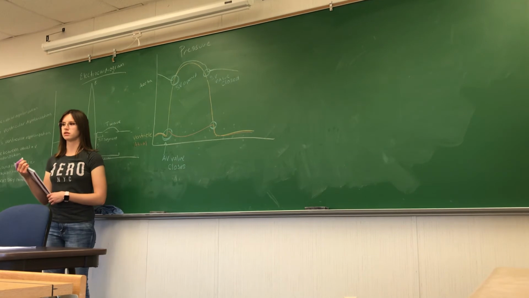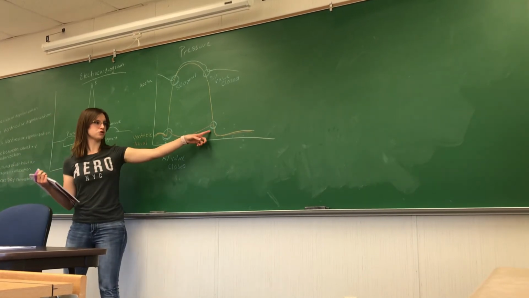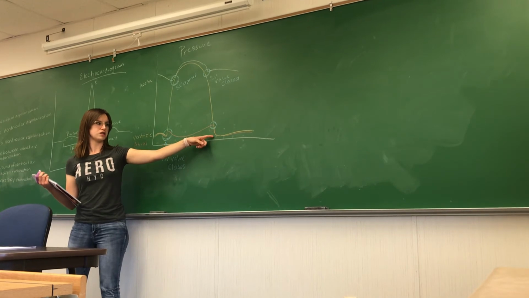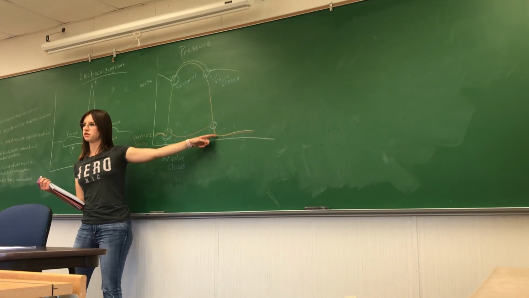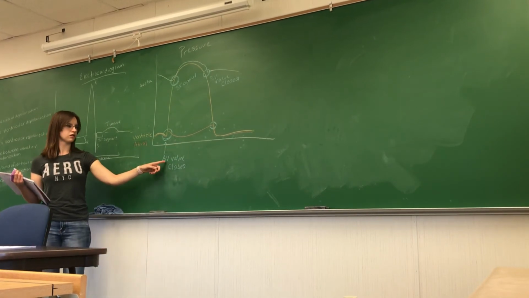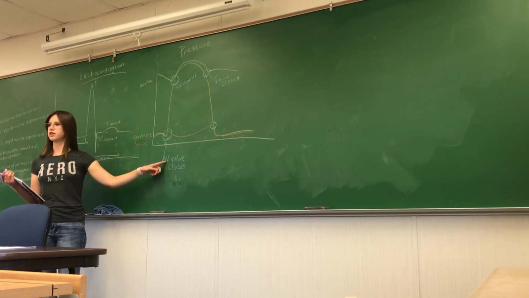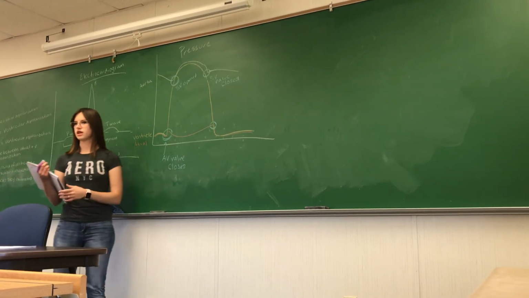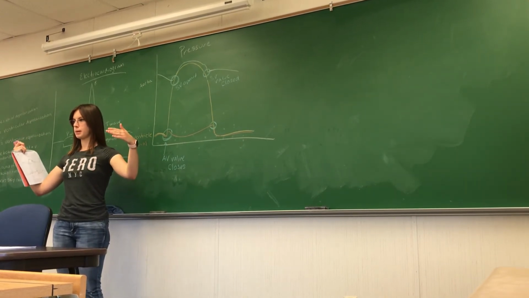A valve opened. If you notice, the atrium and the ventricle pressure went down at the same time. What valve would that be? The atrioventricular valve. So the atrioventricular valve opened, right?